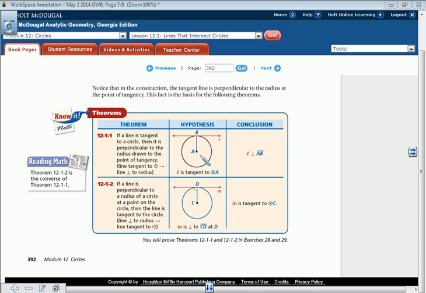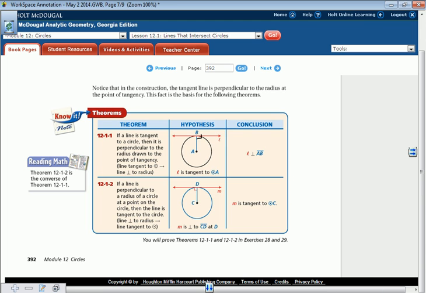Because L is tangent to circle A, the radius and the line of tangency are perpendicular. And vice versa. If we have a radius that is perpendicular to a line, then we know it is tangent. So if it's perpendicular, then it's tangent. If it's tangent, then it is perpendicular.